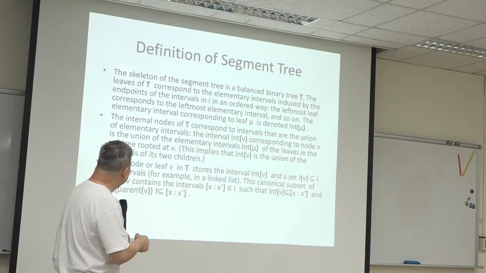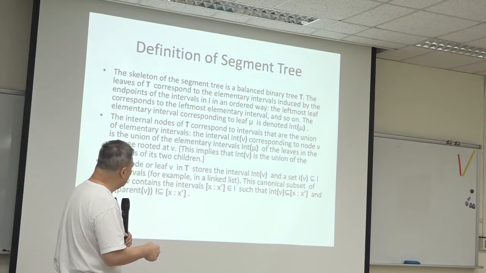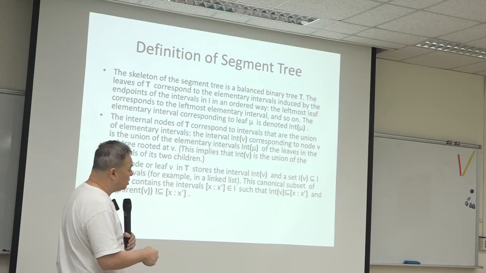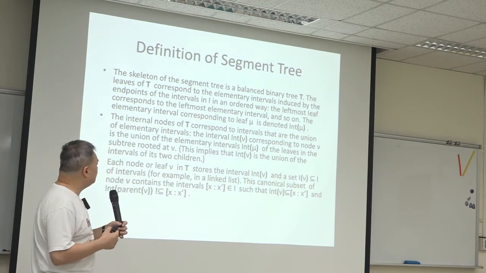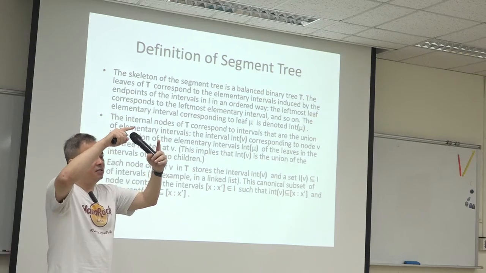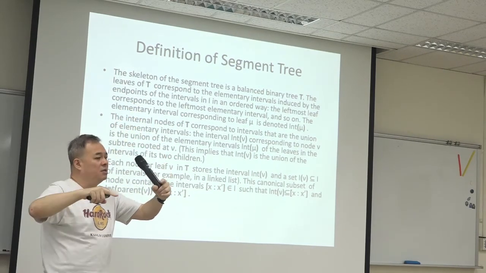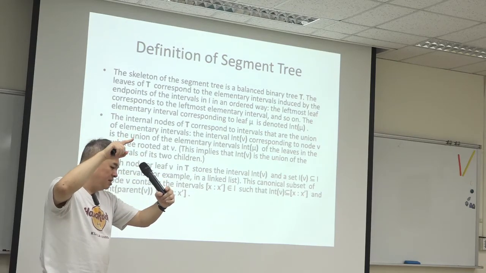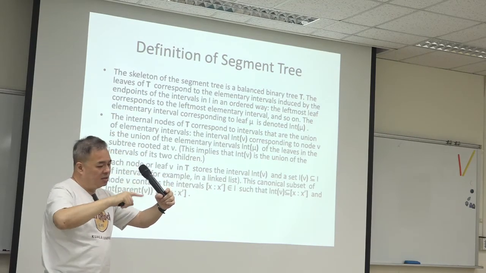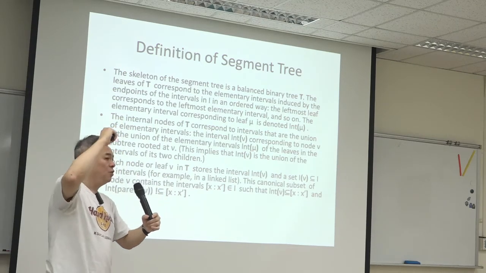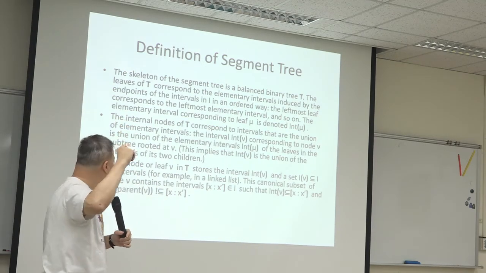Intermediate nodes of T correspond to intervals that are the union of elementary intervals. Basically, if this is an intermediate node, the union of the intervals from its offspring will be the interval for this intermediate node.